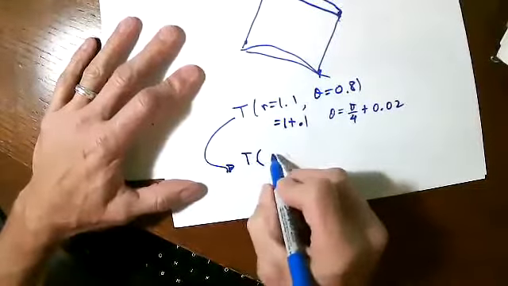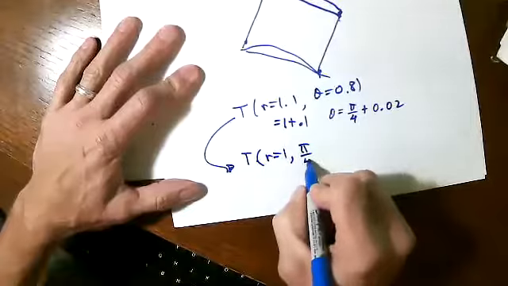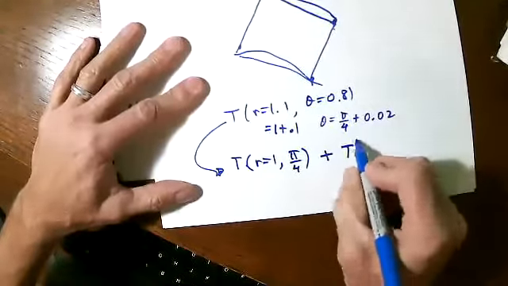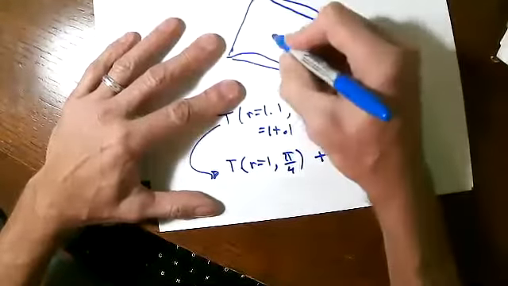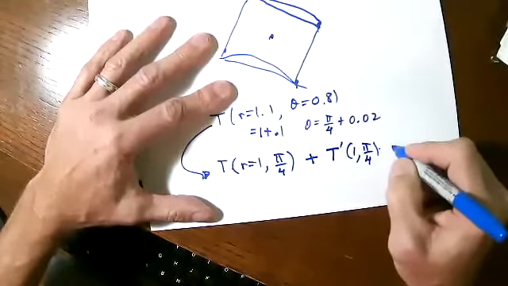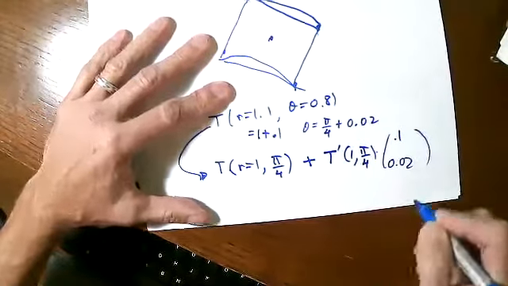This is going to be the same as T of the central point plus, and now you're supposed to take exactly this derivative, evaluate it at the center point of this little figure, and multiply that 2 by 2 matrix by the numbers 0.1 and 0.02.